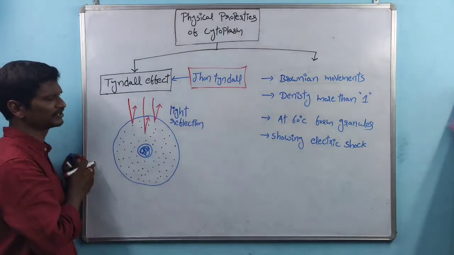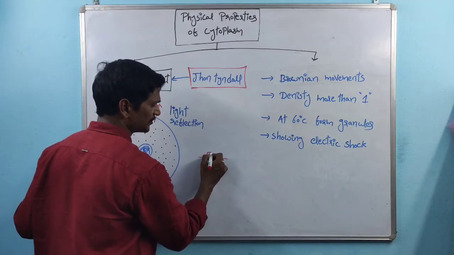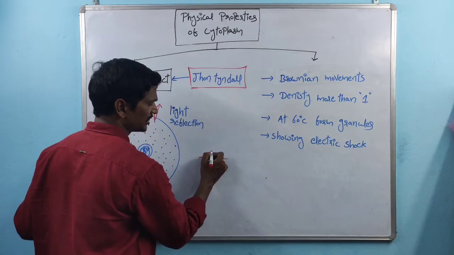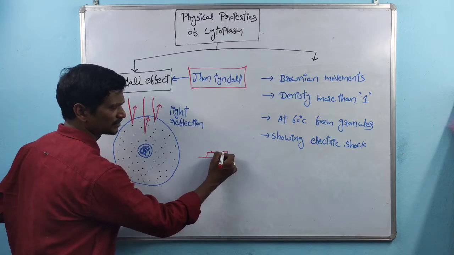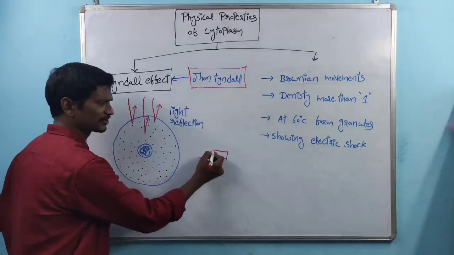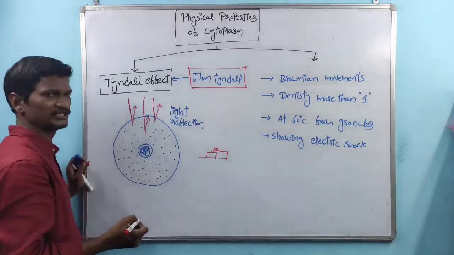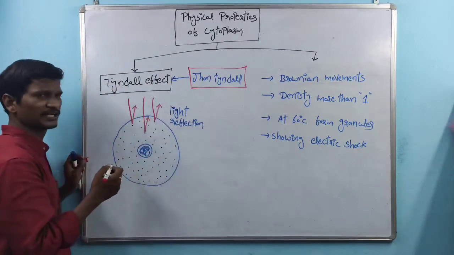Why does the light reflection take place? This is the center of the room, and there is a bench. Upon that bench, we keep a few cells, and there is a plane polarized light source. If we pass the plane polarized light, light reflection takes place. Why is the light reflected?